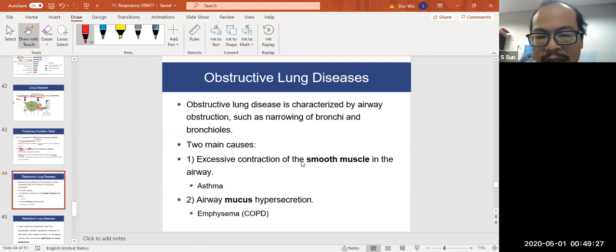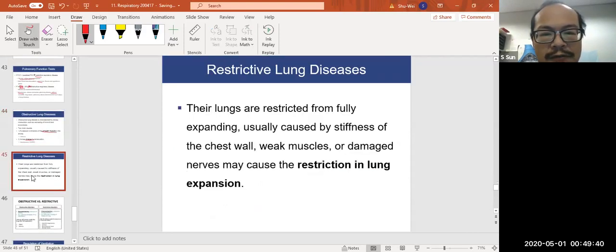One is that the smooth muscle is very sensitive, making it narrow, or the accumulation of mucus makes the airway narrow. As for restrictive, the chest wall becomes stiff, and so the lung cannot expand.